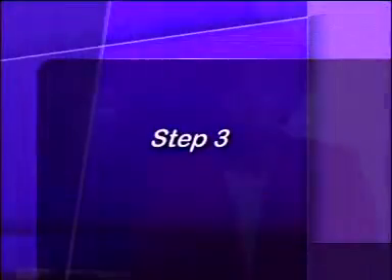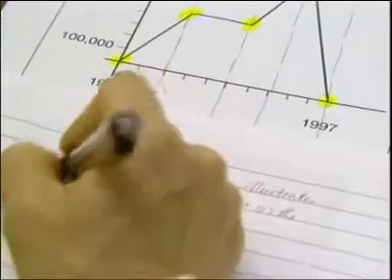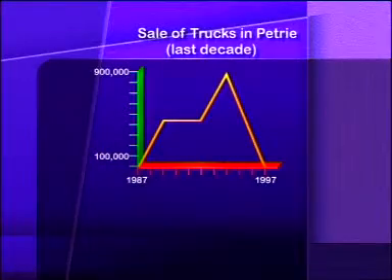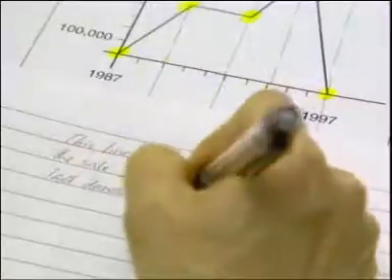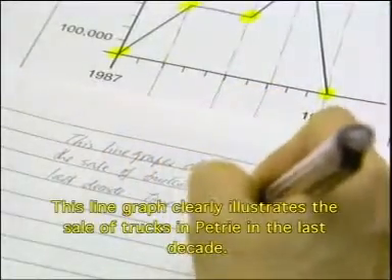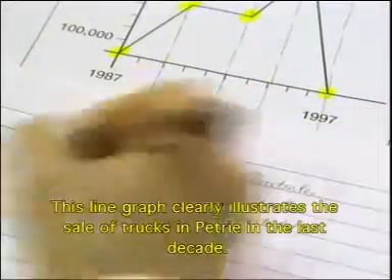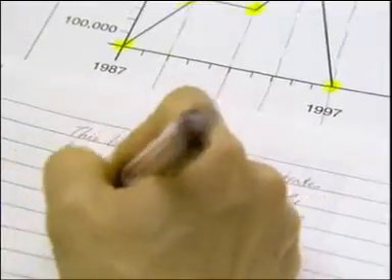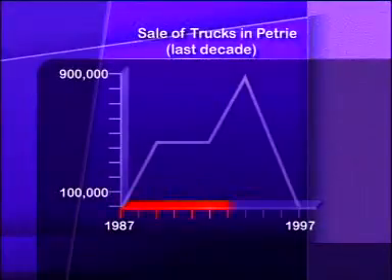Step 3. Now you're ready to write out your introduction. This may be done as follows. For graph 1, we could say, this line graph clearly illustrates the sale of trucks in Petrie in the last decade. The second sentence may refer to the horizontal axis and vertical axis.